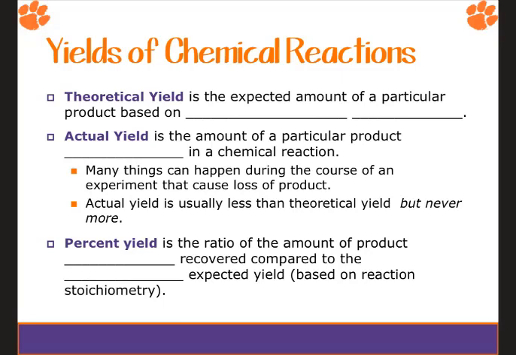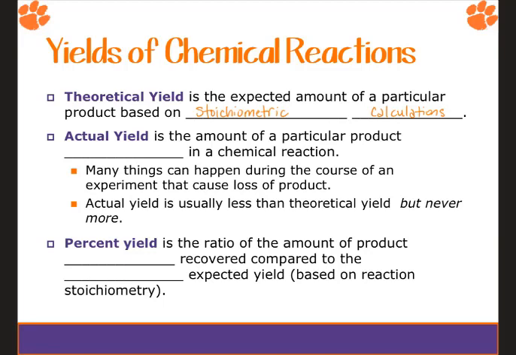It's if everything goes well, if everything works the way you think it's going to work, this is how much product you expect to get out of a particular reaction, and it is based on the stoichiometric calculations that you do beforehand. So essentially this is the perfect scenario. This is your perfect theoretical amount that you can get out. So whatever amount that you calculate, in terms of grams from your big stoichiometry calculations, that is the theoretical yield.